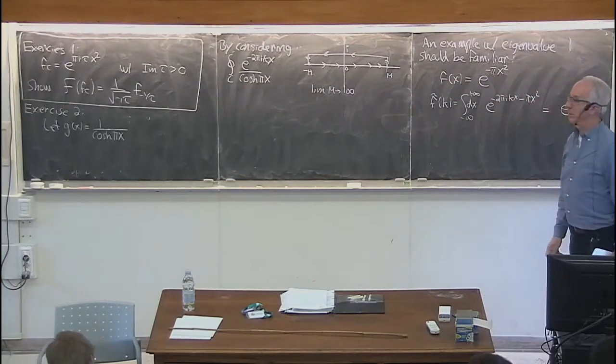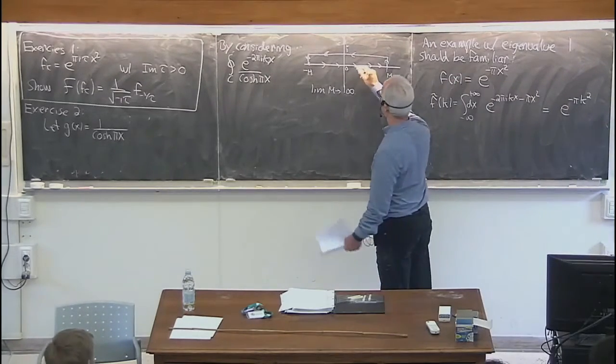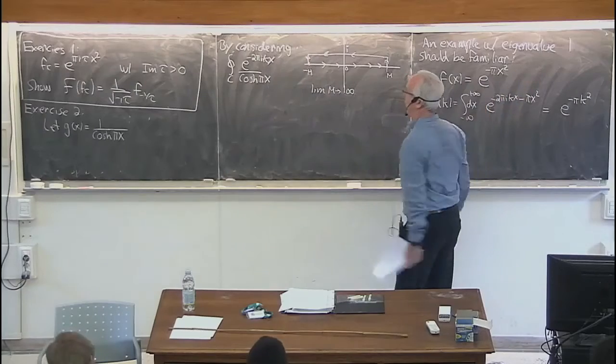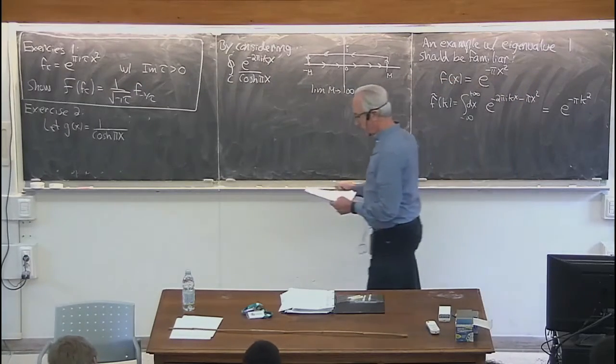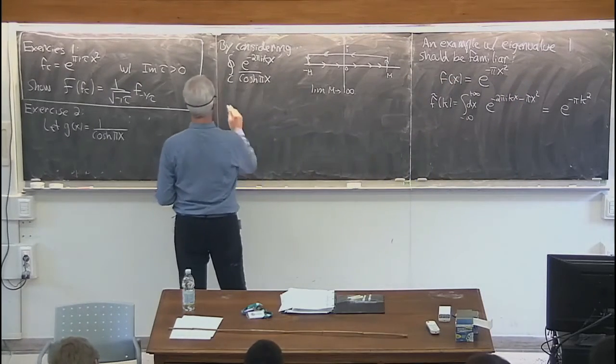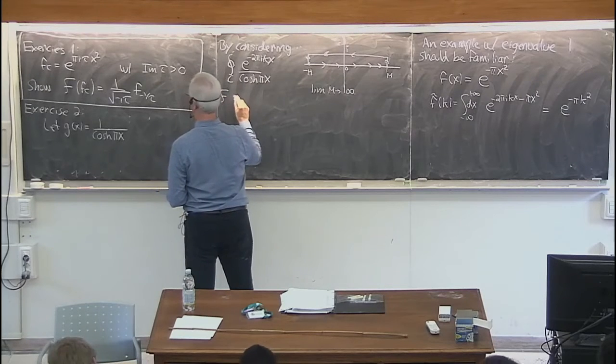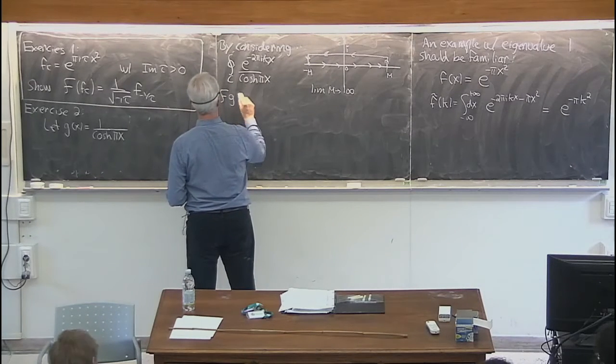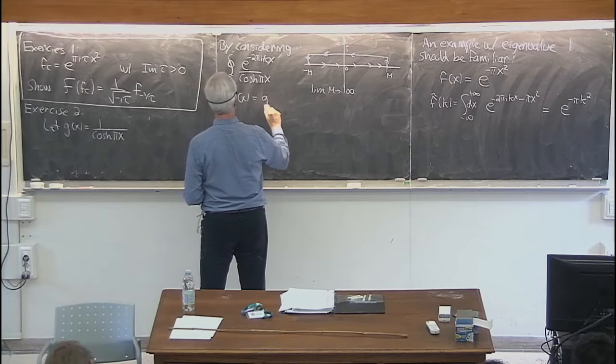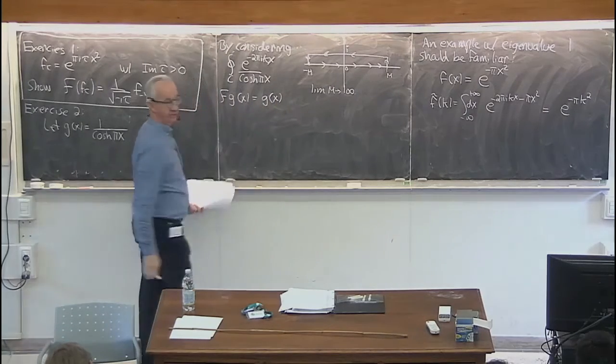So you're supposed to consider this integral along this contour as the boundaries of the contour go off to infinity, and use that to show that the Fourier transform of this function g gives the same function back.